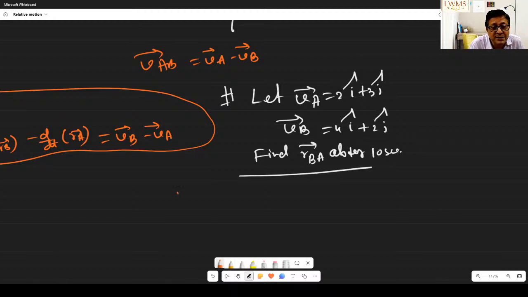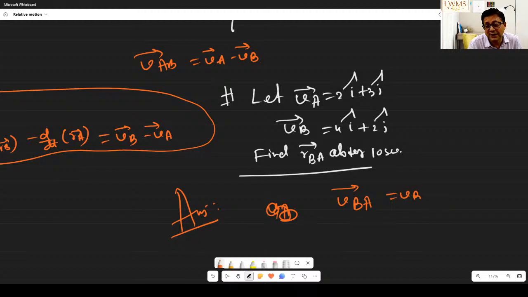So let me answer this. What will I do? I'll find VBA, not VAB. VBA is VB minus VA.